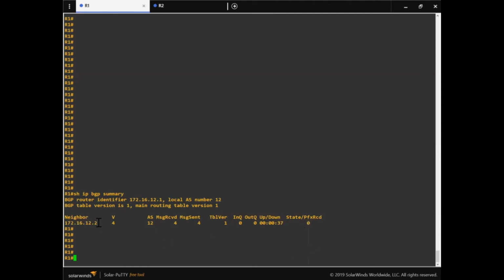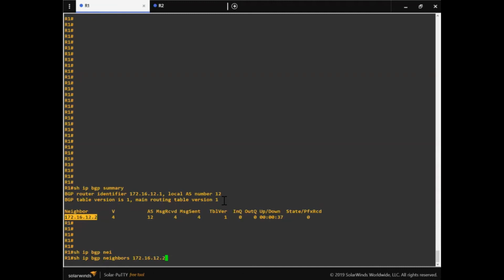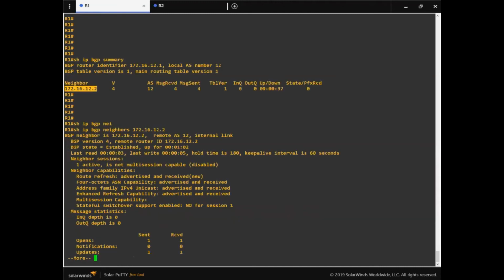To check the state, you can write show IP BGP neighbor and whatever your neighbor is. Here, you can check a lot of things, like what is your BGP neighbor, it is 172.16.12.1. What is the remote AS? It is 12. Since your AS is also 12, the remote AS is also 12.